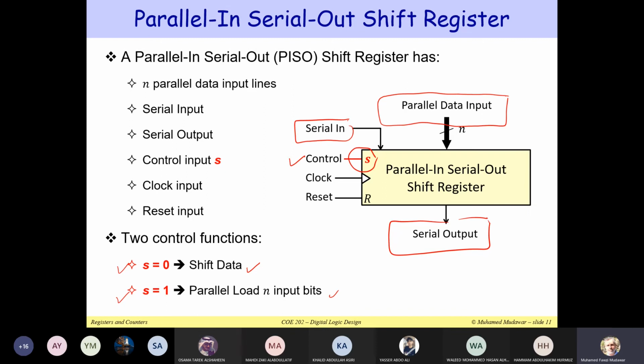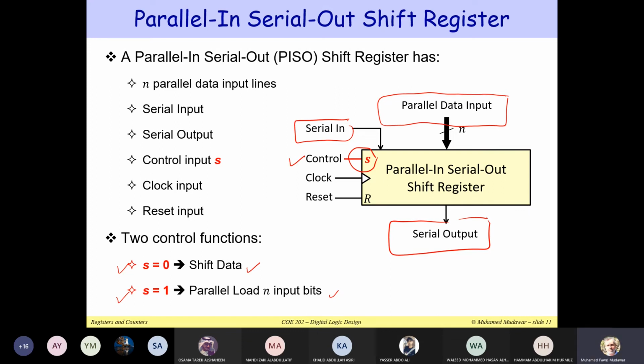That's the importance of S. You can make this shift register shift, or you can make it load the data. Now, how do I implement something like this? Anyone would like to answer this question? How do I implement this parallel in serial out shift register?